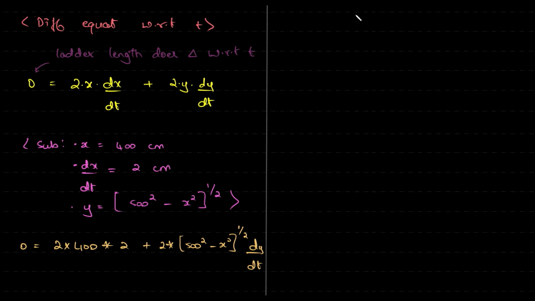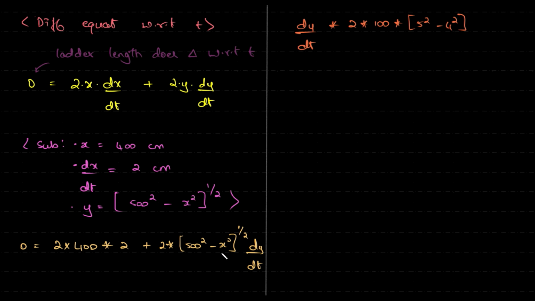A bit of simplification and we are done. So let me transpose dy by dt. I'll take 100 out and we'll be left with the square root of 5 square minus 4 square. I hope you guys are decent with your maths to understand this.